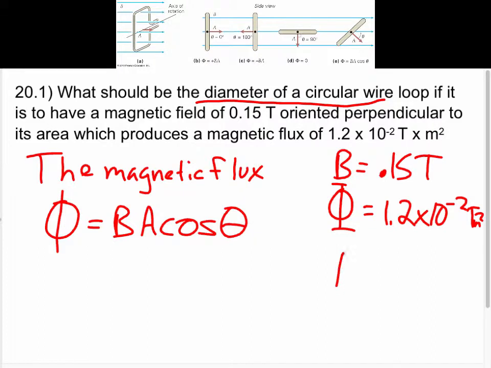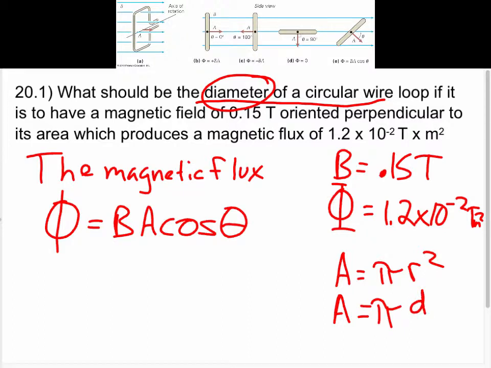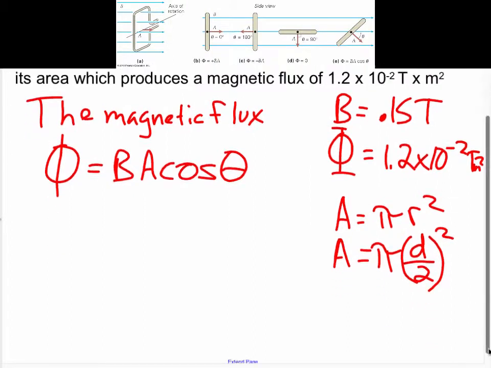When they say circular, the area of a circle is pi r squared. But since we're solving for the diameter, we want to write that in terms of the diameter. So the radius is really what? Half the diameter. So we're going to say d over 2 squared.